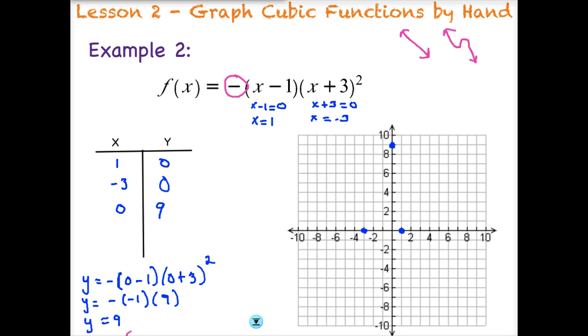Okay. So I can tell you how it starts, right? Because this is helping me with my end behavior. This end starts up and it comes down. Now what I don't know right now is, will it come all the way down and then back through? Well, think about what would happen if I did that. So if I came down here, so I'm just going to do a dash line so I can erase it if I need to.